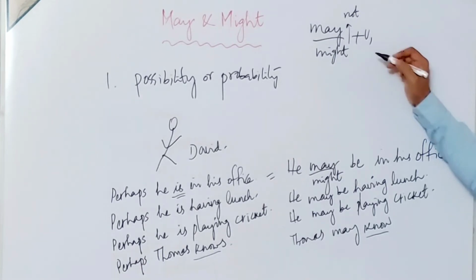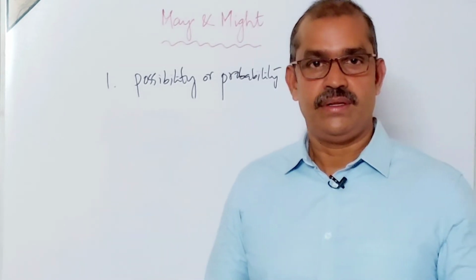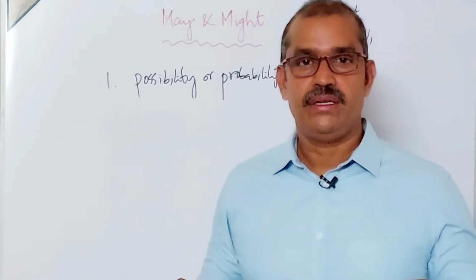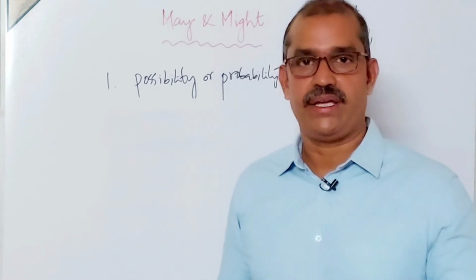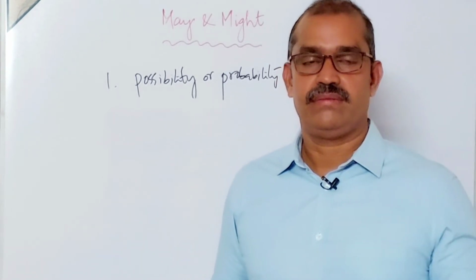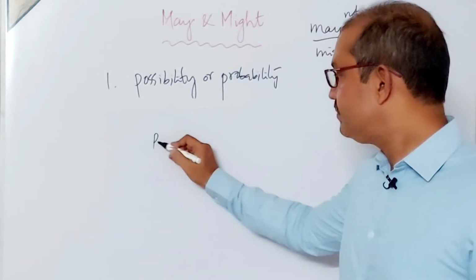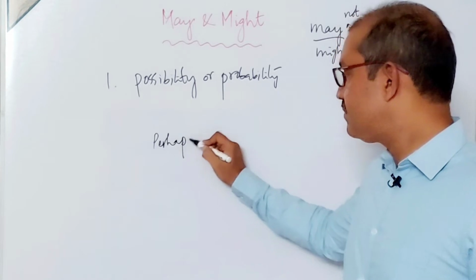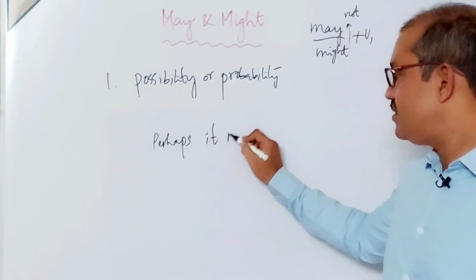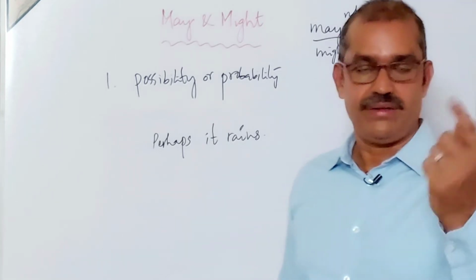Let us see one more example. There are clouds in the sky. They are very dark. I mean, there are black clouds in the sky. In such cases, generally we think perhaps it rains. There is a possibility of having rain.